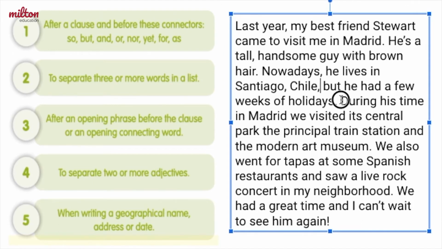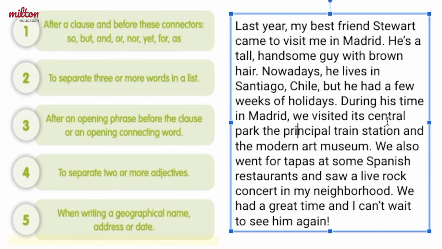Next sentence. During his time in Madrid, we visited its Central Park, the principal train station, and the Modern Art Museum. All right, here's another opening phrase. Comma. And here we have a list with 3 different places that we visited in Madrid.